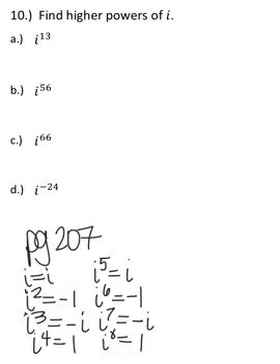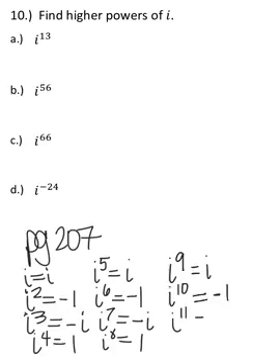So, let's do a few more. If i to the eighth equals 1, i to the ninth would be that 1 times another i, which is just i. i to the 10th would be i to the ninth times i, which would be i squared, which is -1. i to the 11th would be -1 times another i, which would be -i, and i to the 12th would be -i times another i, which would be -i squared, which would equal +1.